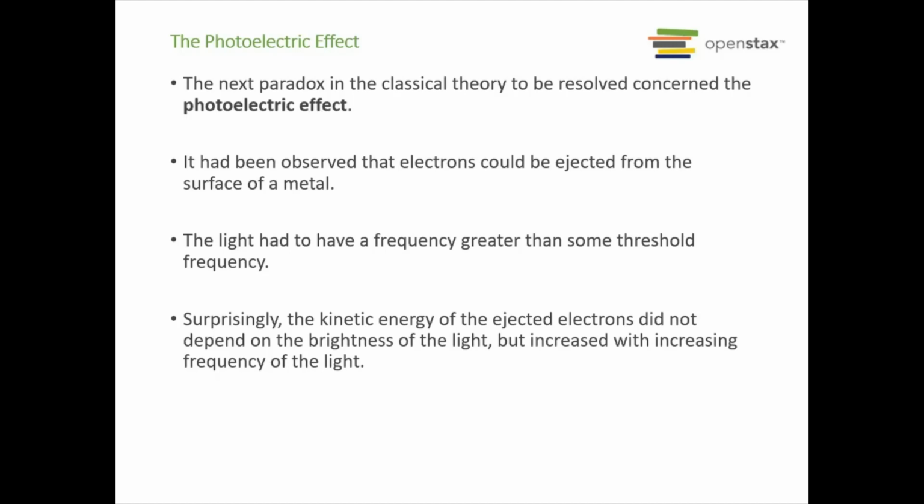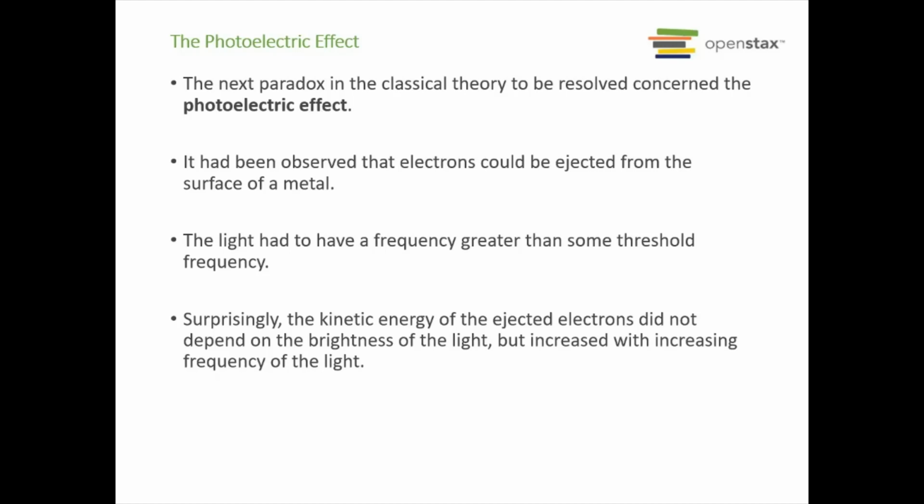So that was one paradox that had to be fixed. And then the next came around with the photoelectric effect. And this is actually where some work from Einstein comes into play. One thing that had been seen was that electrons could be ejected from the surface of a metal. But to do that, you had to have some light with a frequency greater than some threshold, some minimum frequency, to get it to do this.